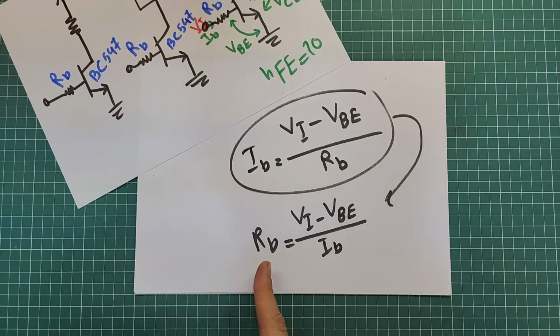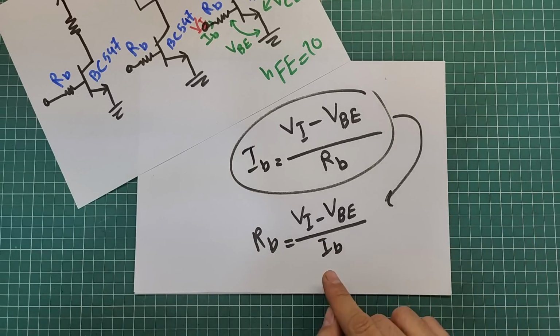Actually, the base resistor will be a function of base current. Here is an interesting point. It seems that we are looking for the best base resistor value, but actually we are looking for the best base current, IB. Any method or trick that leads to finding the best base current will be a shortcut for finding the best base resistor value. More details later in this video.